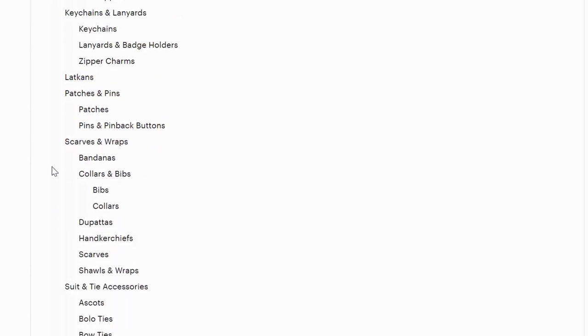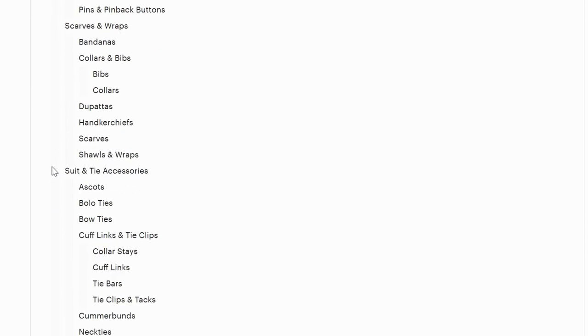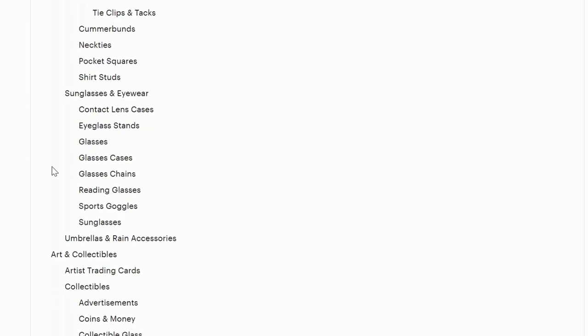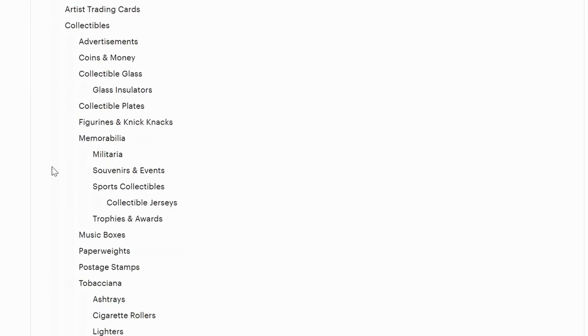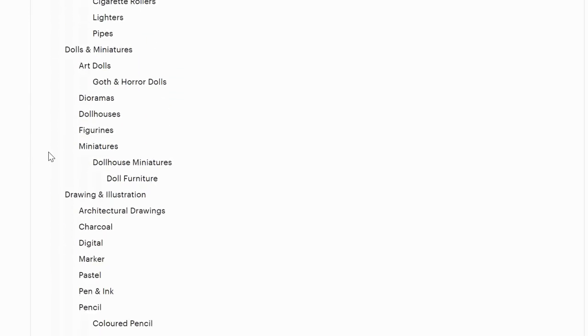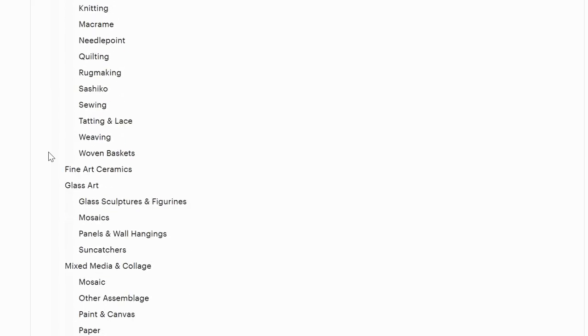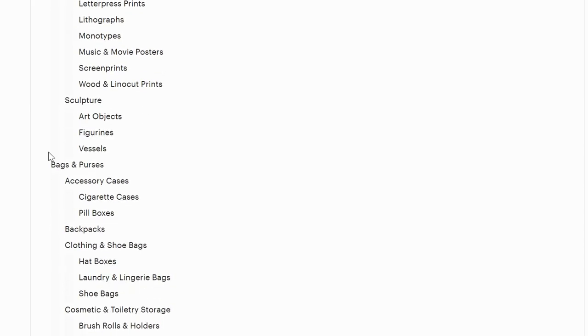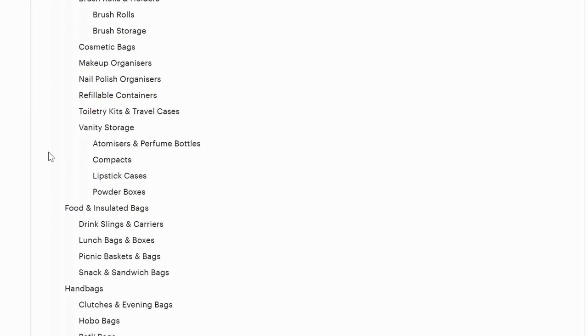We've got keychains, scarves and wraps, bandanas, suit and tie accessories, cufflinks and tie clips, cummerbunds. I mean, when you go through this, as you can see, this page is never ending. There are so many categories and subcategories to go through, and it's going to be such a great starting point. And this is where I start.